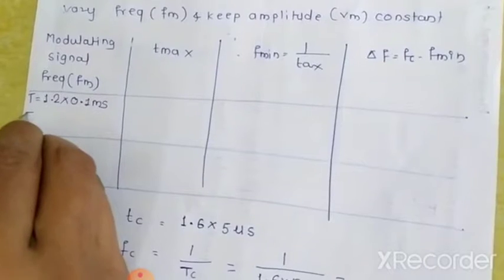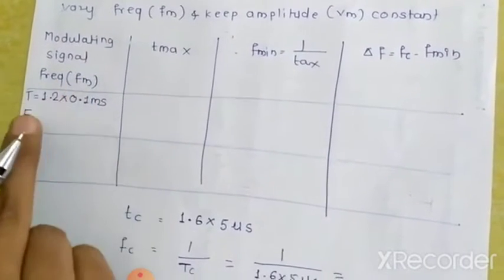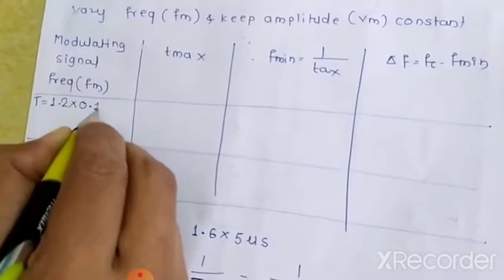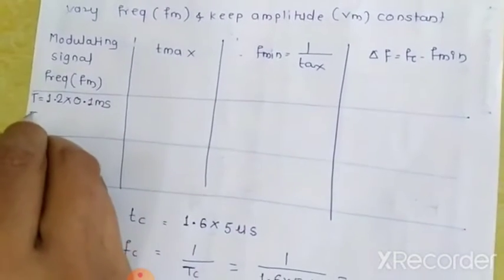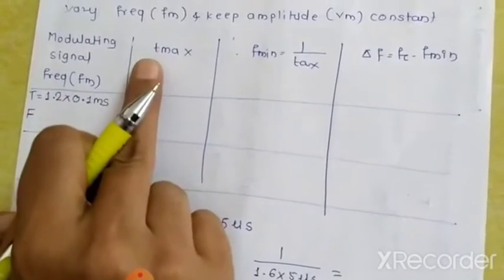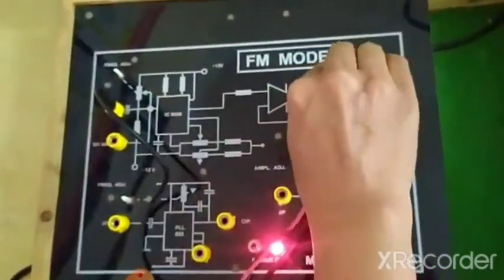If you calculate the time period T, then you can easily find out the value of F, 1 upon 1.2 into 0.1 millisecond. If you know the value of T, you can easily calculate the value of F. Now for calculating T max, what you have to do?